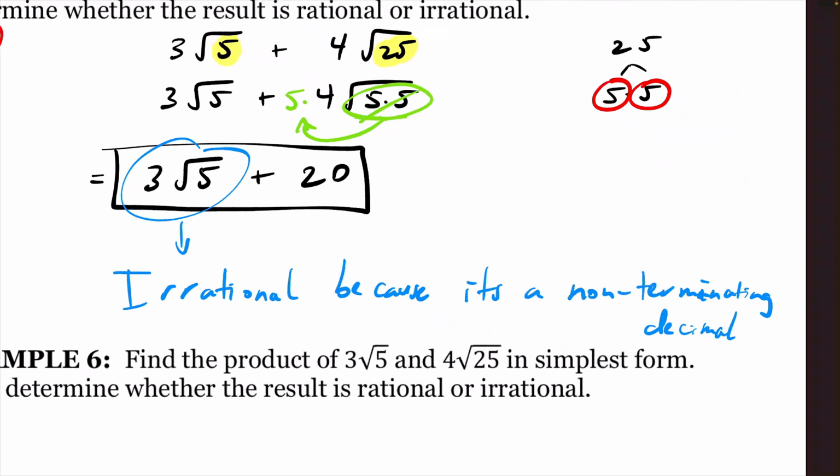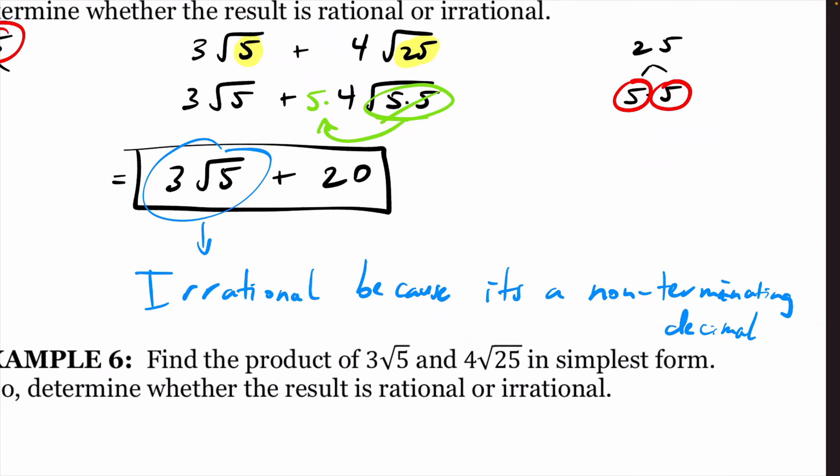Hopefully you can read my handwriting. Non-terminating decimal. Ask your calculator. Yep, that one's not there. The only square roots that are rational are these guys right here. If it's not there, it's going to be irrational.